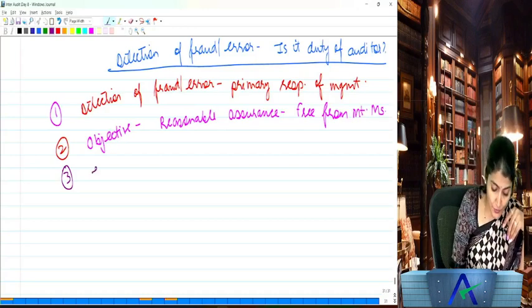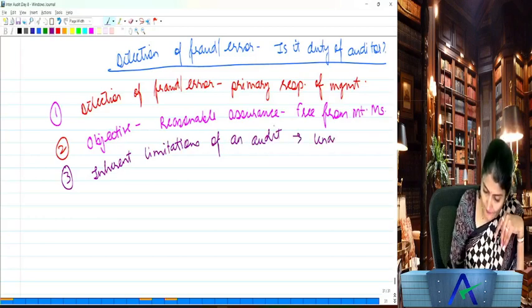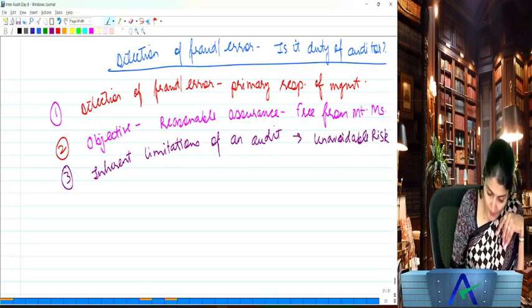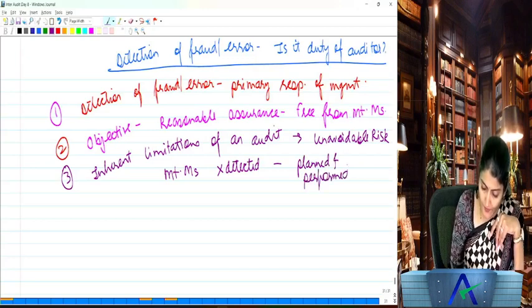He says, very good, due to the inherent limitations of an audit, there is an unavoidable risk that some material misstatements may not be detected, even if the audit has been planned and performed in accordance with the standards on auditing.